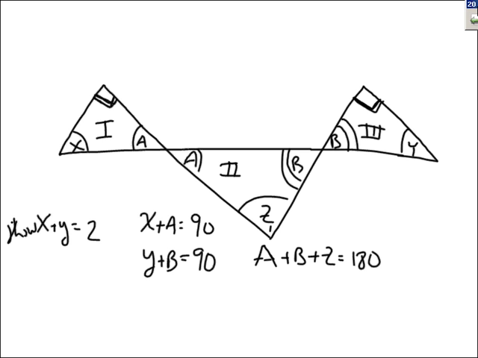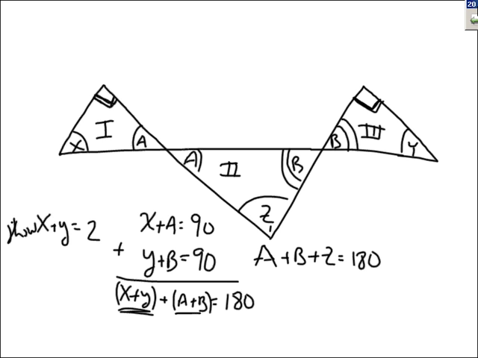Okay, so let's add up these two. We have that x plus y plus a plus b is 180. So something plus a plus b equals 180. Something plus a plus b is 180. These things must be the same. z plus a plus b is 180.